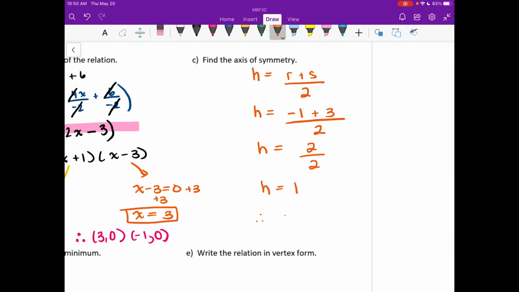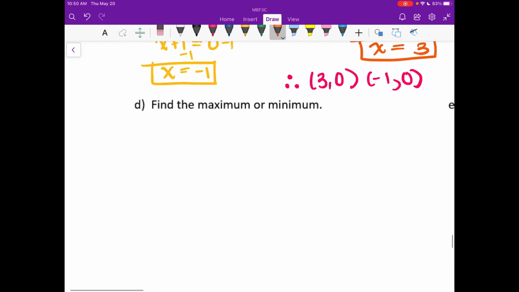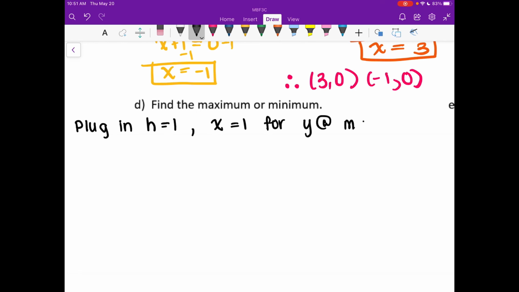Therefore, at vertex, x is equal to 1. That's the axis of symmetry. So in order to find my maximum or minimum, very simple, I'm going to plug in h equals 1 as x equals 1 for y at maximum, right?